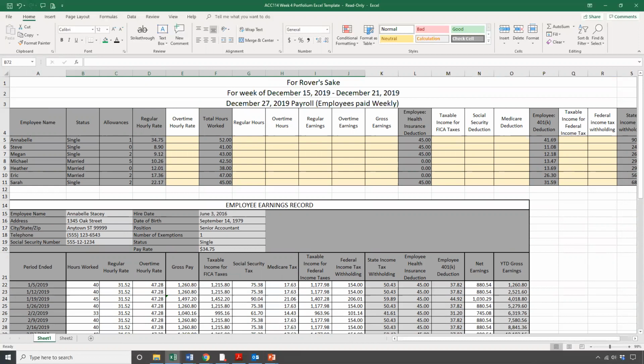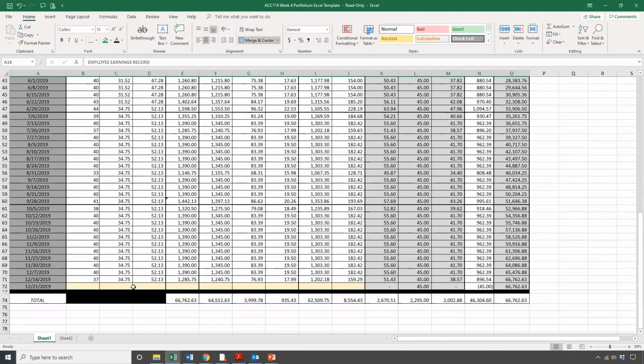So you want to get that year-to-date stuff all together first before you fill out that pay slip. So do your calculations up here. Do your employee earnings record so you can get all your correct year-to-date information. And then go ahead and fill out that pay slip.